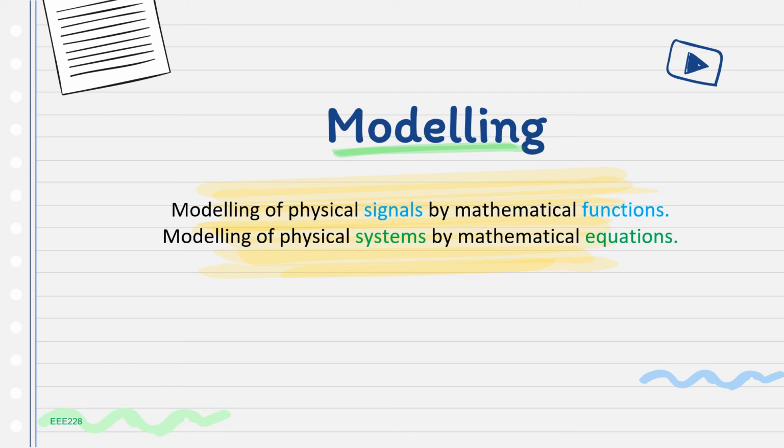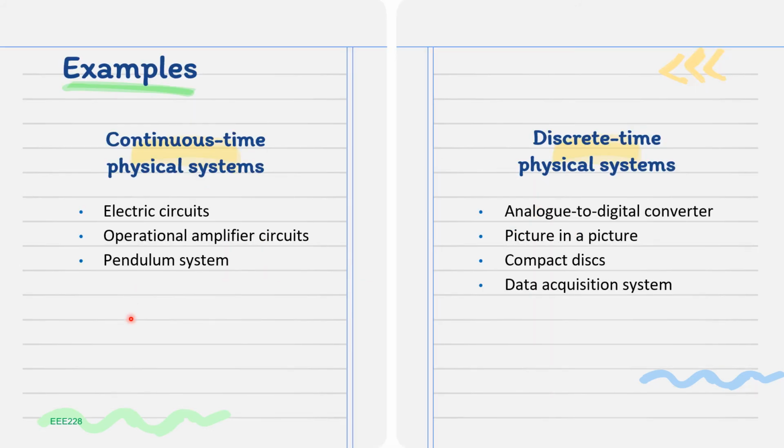And we will see what happens to the systems or the equations when we apply signals or functions to the equations. These are some examples of continuous time and discrete time physical systems: electric systems, amplifier circuits, and so on. These are just some examples.